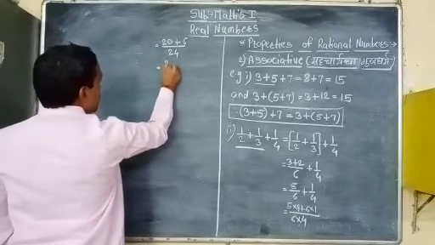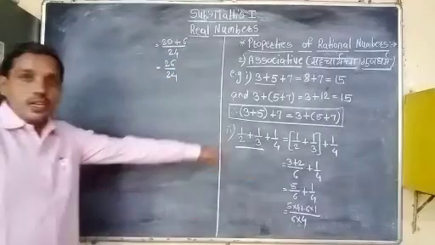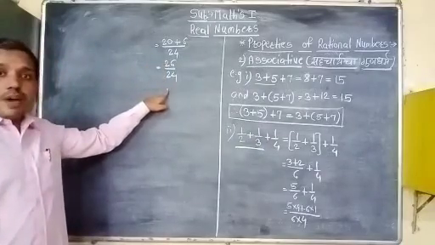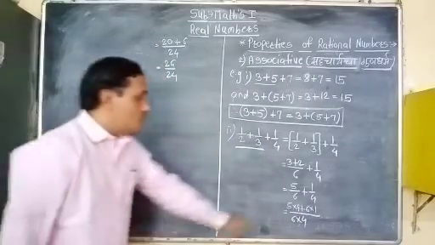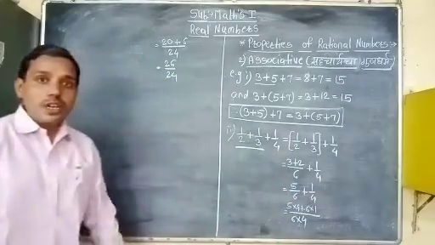So the answer is 26 by 24. The answer of the addition of these 3 rational numbers is 26 by 24. We will discuss in more detail how we get the answer.